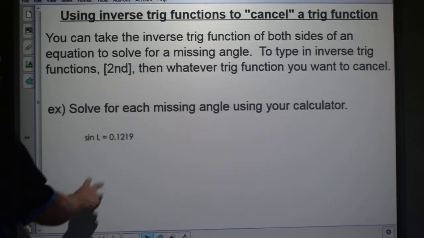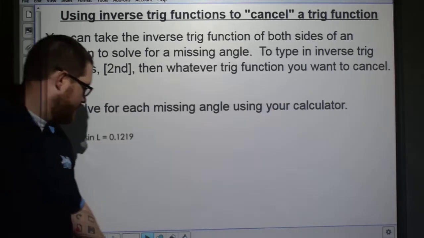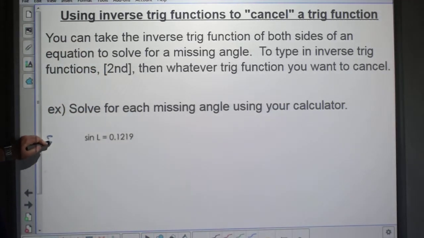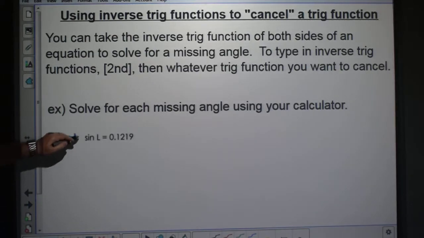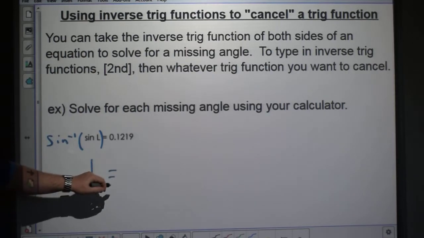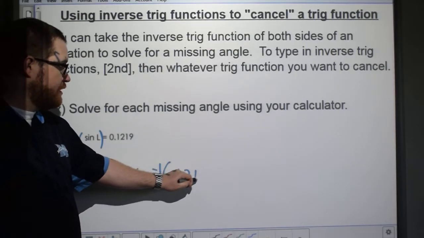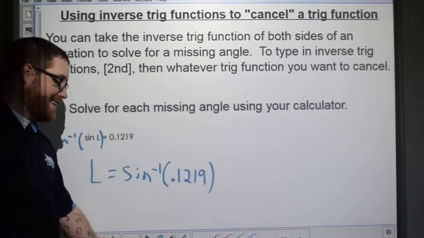For example, the sine of some angle equals 0.1219. The opposite of sine, the way to get rid of sine, is sine inverse. If you do the sine of the sine inverse or the sine inverse of the sine, they're going to cancel out and you're just left with the angle. But I still have to do the sine inverse or the arc sine of the side. That is the exact answer.